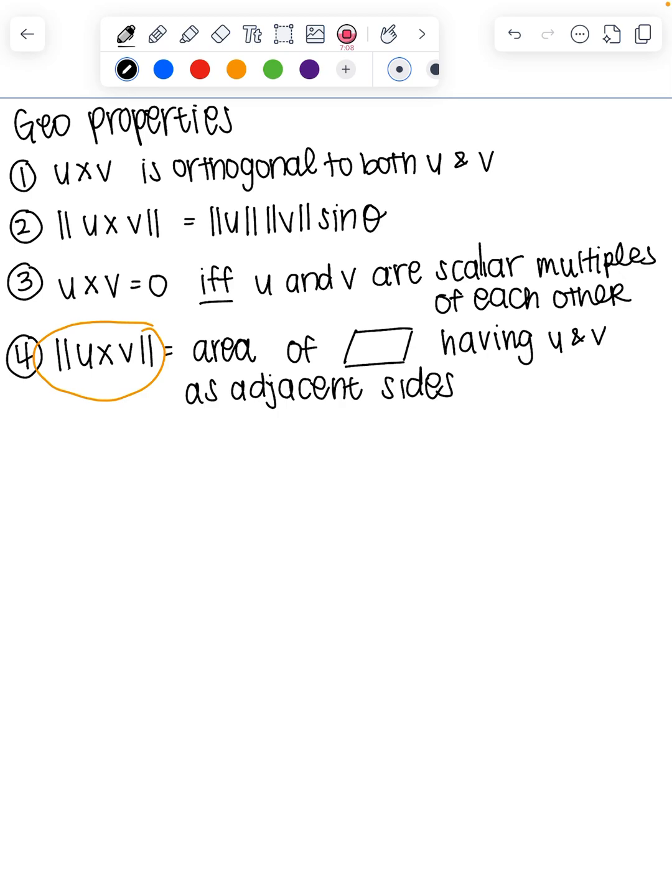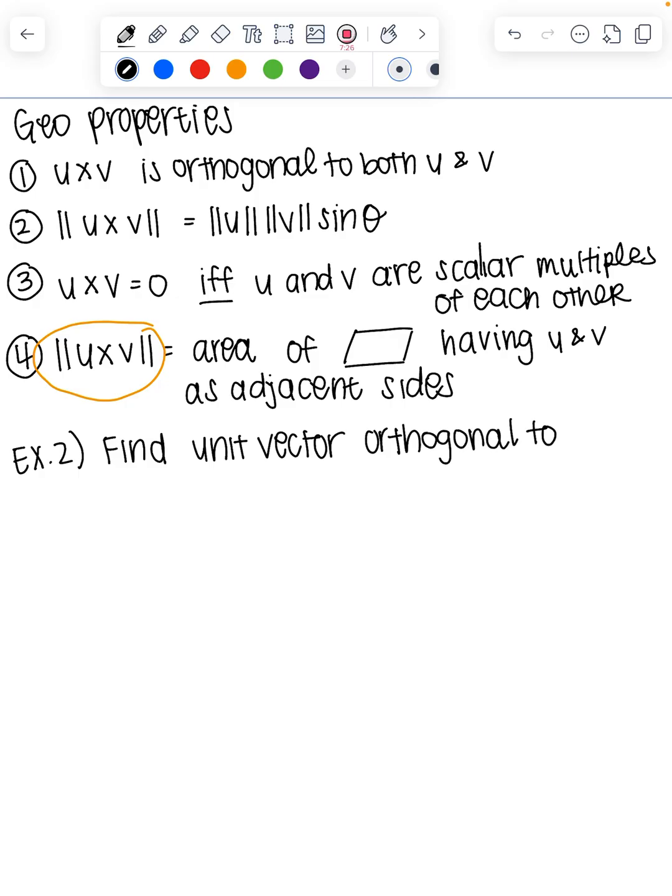Okay, example 2. We are going to find the unit vector orthogonal to both u and v.